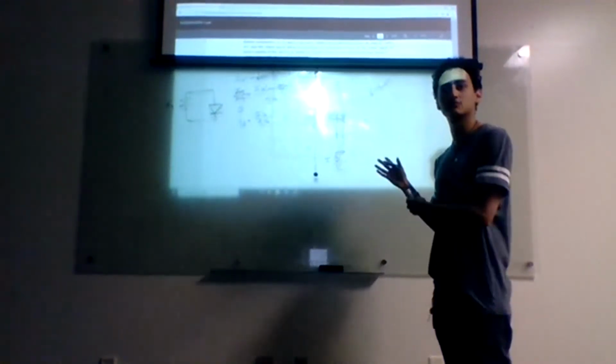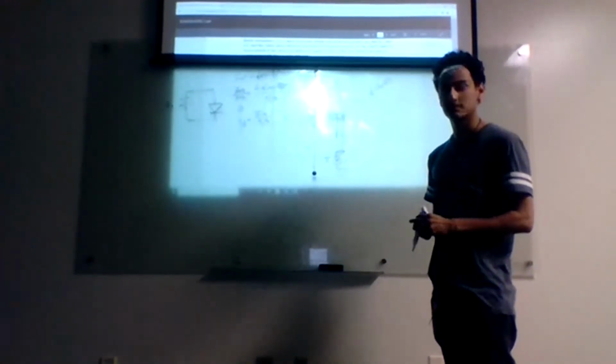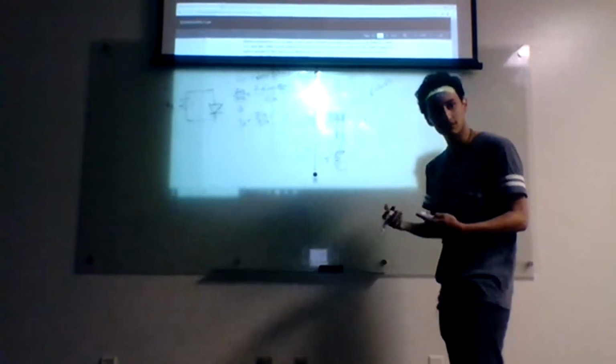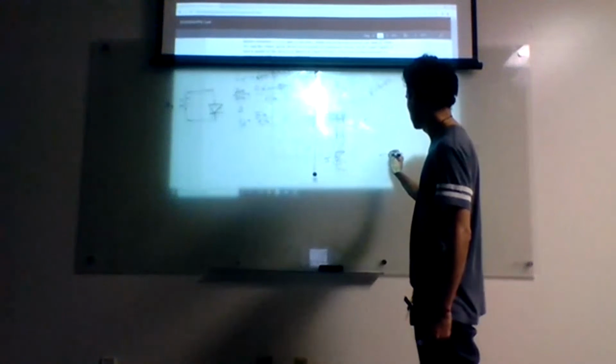That is where the ideal current source model comes from. BJTs are considered current sources.